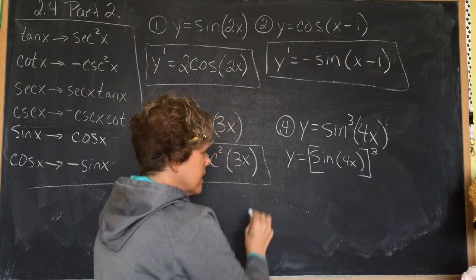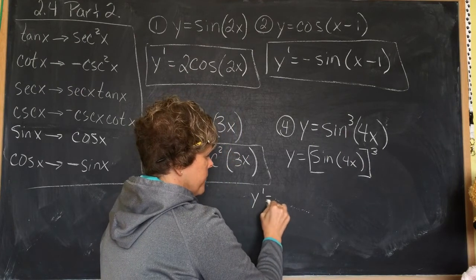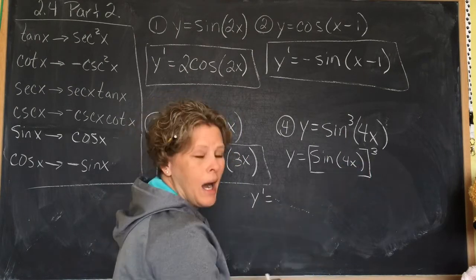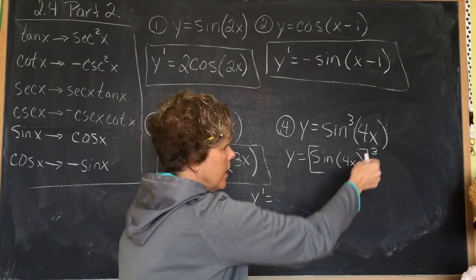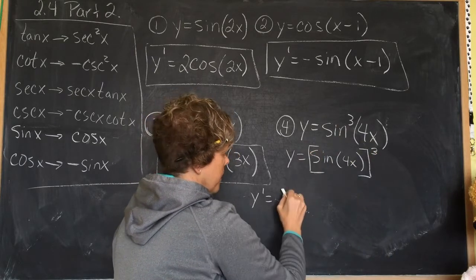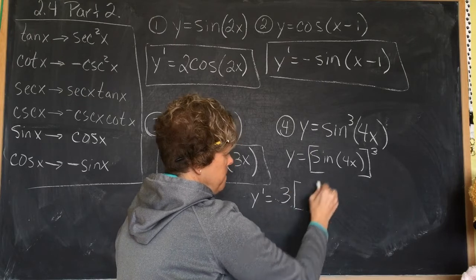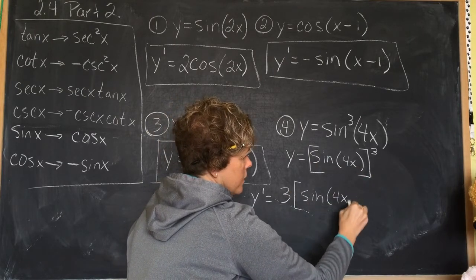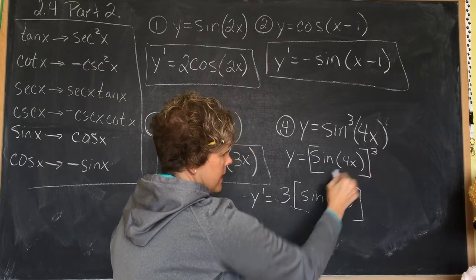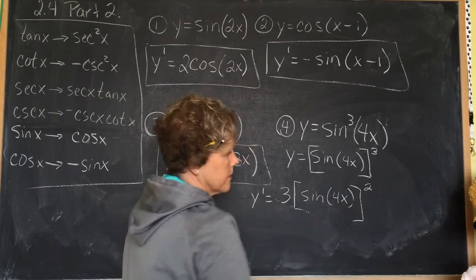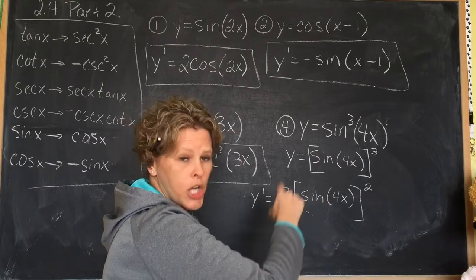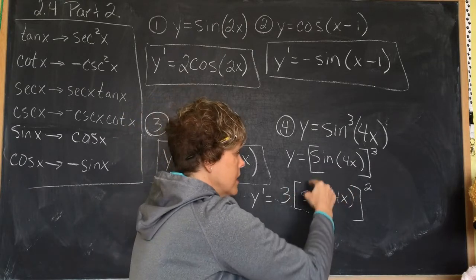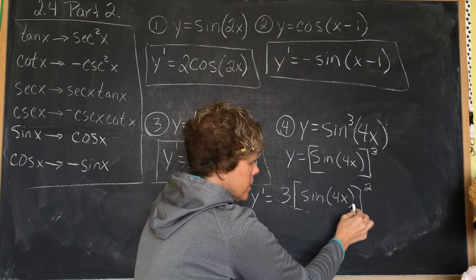Now I'm going to take the derivative. I'm going to power down just like we did yesterday. Power down, the 3 goes out front. I'm going to rewrite this whole entire thing. Nothing changed. Notice that it's exactly the same. I'm just going to make it now to the second. Now I have to do my chain rule. So now I'm going to start on just the inside. Pretend that this was the original problem.